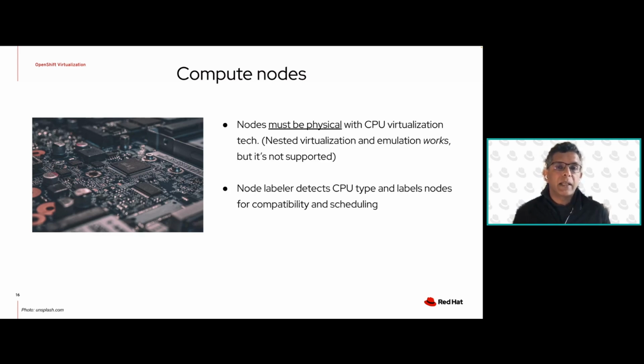What I mean by that is, if you are on the cloud, your other worker nodes can be EC2 instances, but the machine on which your virtual machine runs has to be a bare metal node. You can create a machine pool and add those so that your virtual machines can run on those three nodes where OpenShift virtualization is running. So just wanted to call it out before we move forward. Next slide, please.